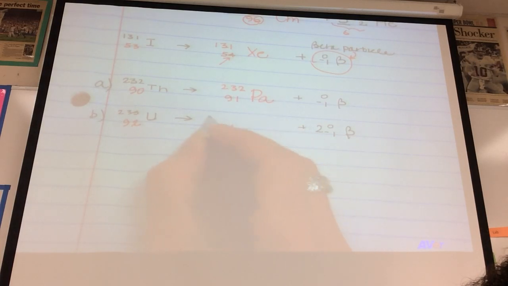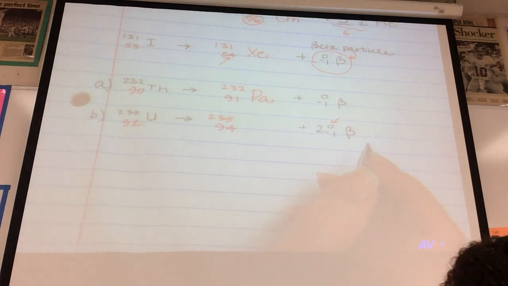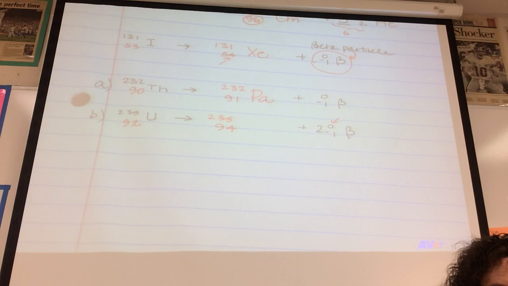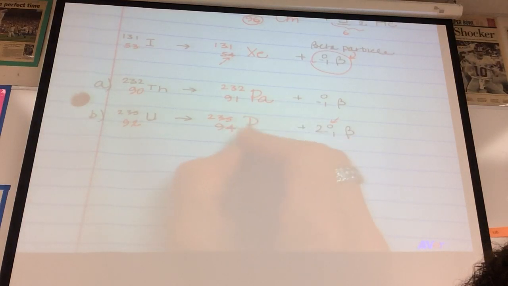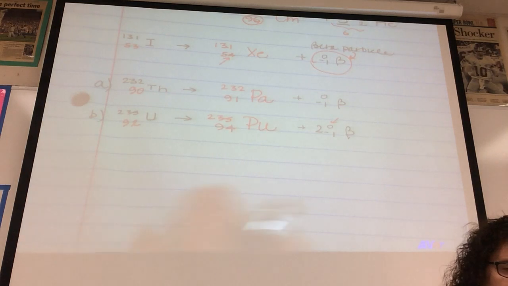Mass number change? No, because 2 times 0 is 0. Identity property of multiplication. And you are correct in that regard because you do have an isobar. That was an excellent finding. And this generates plutonium.